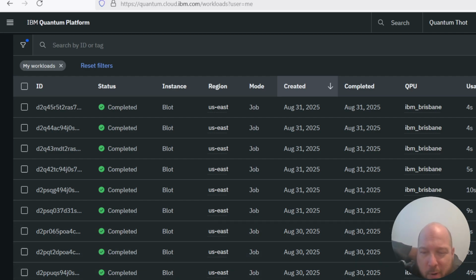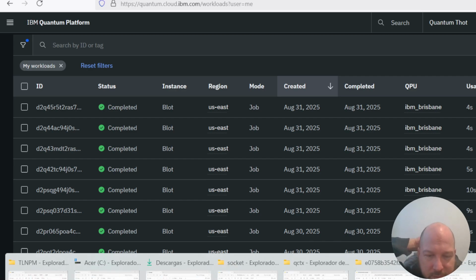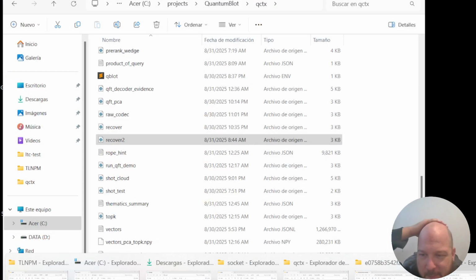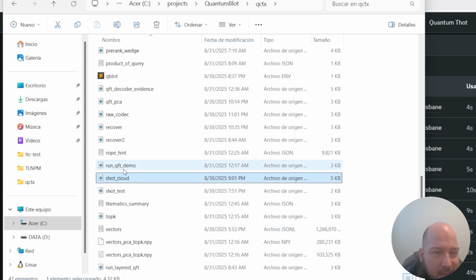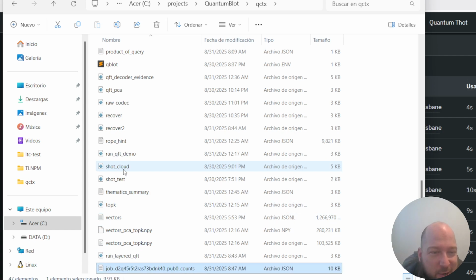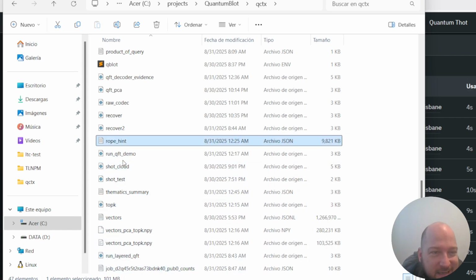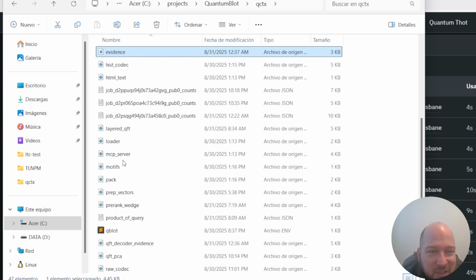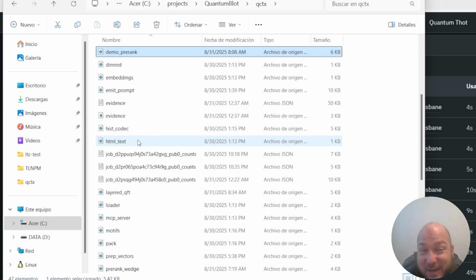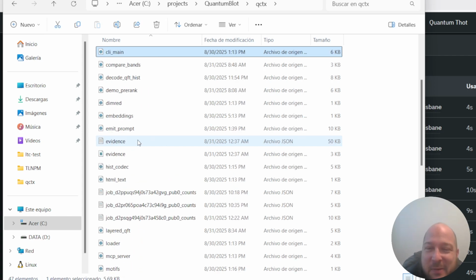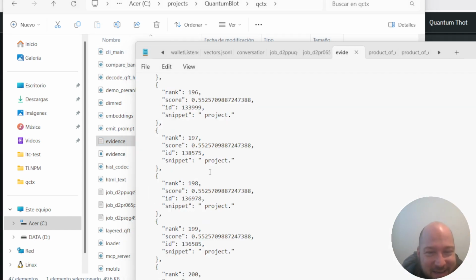I grabbed that and then did a decode, and the initial decode was not that interesting. I was just picking up a few keywords like product, users, and so on that I use frequently. So it's really telling me very little about months and months of conversations with GPT. So I'm like, okay, this is not the thing.